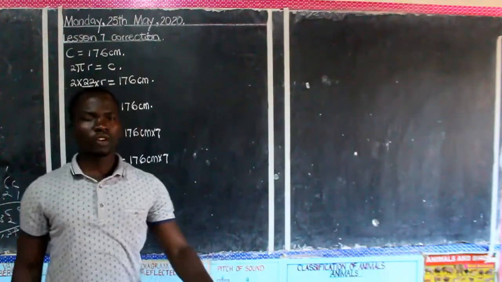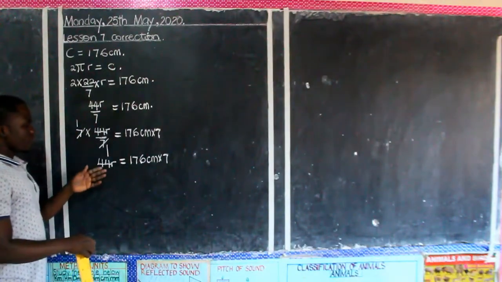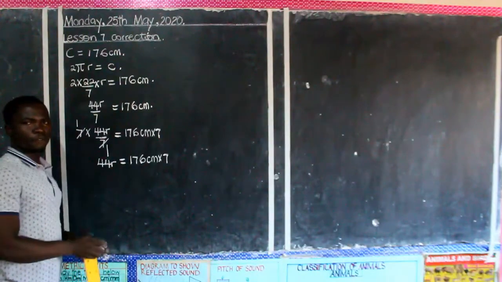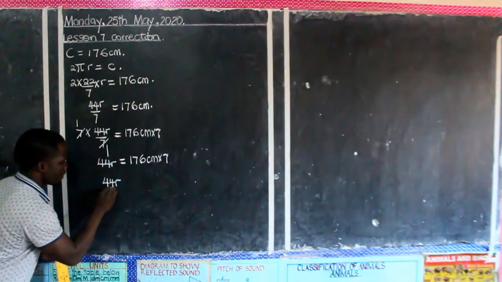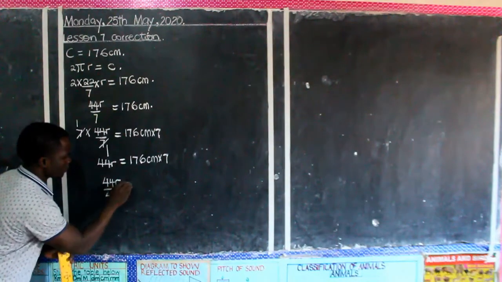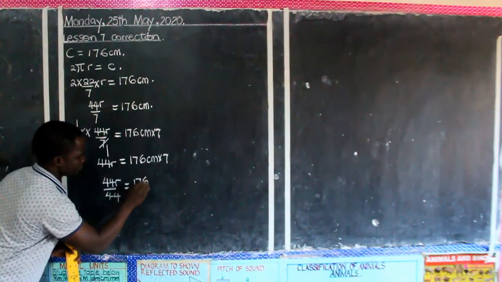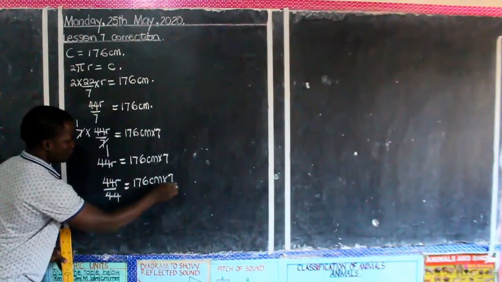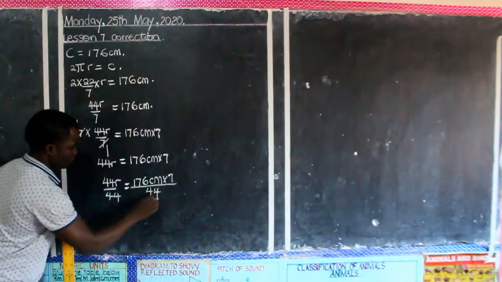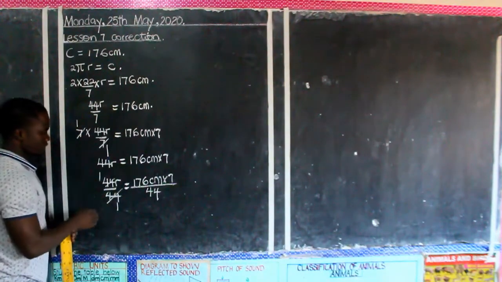So we are also going to divide either side by 44. So this is 44r out of 44 equals 176 centimeters times 7 out of 44. By 44 once, 44 once.